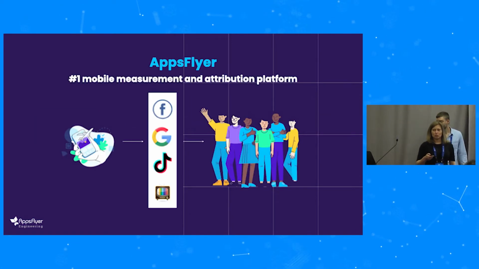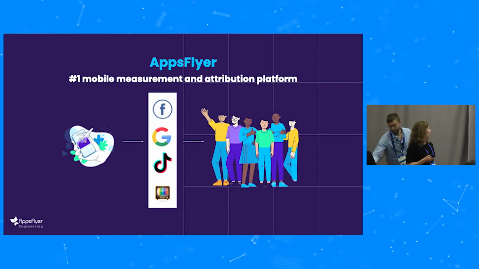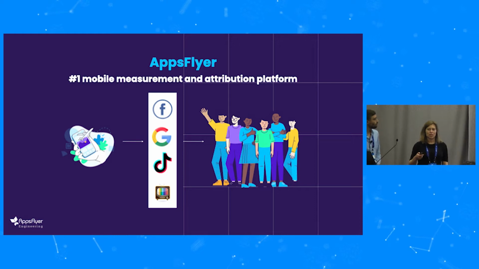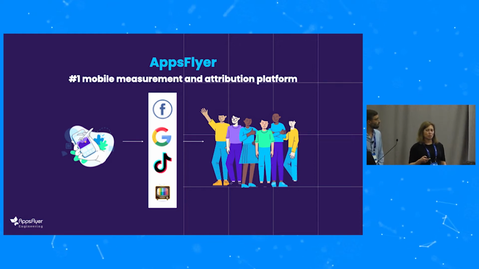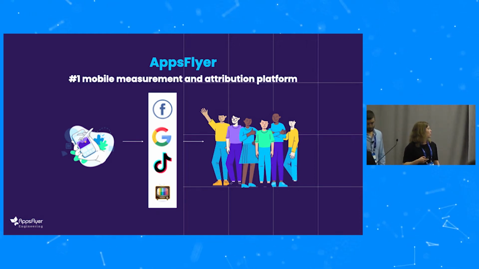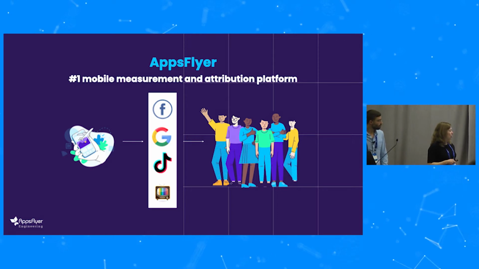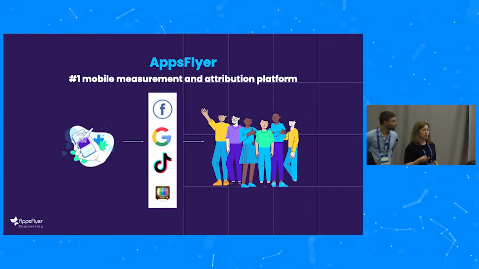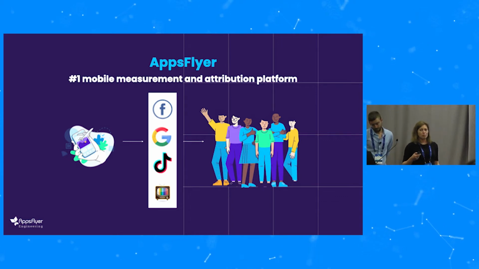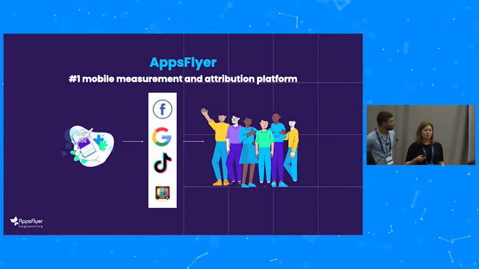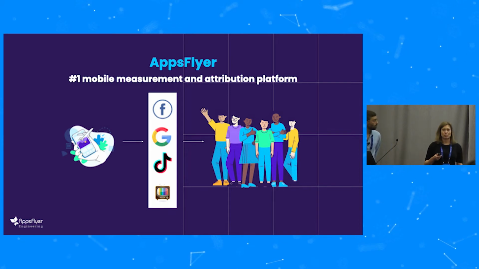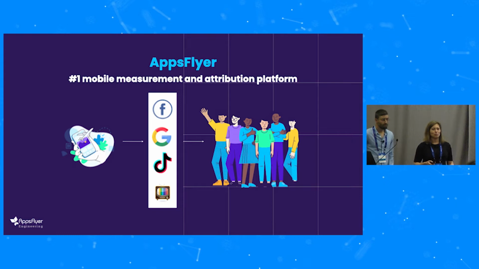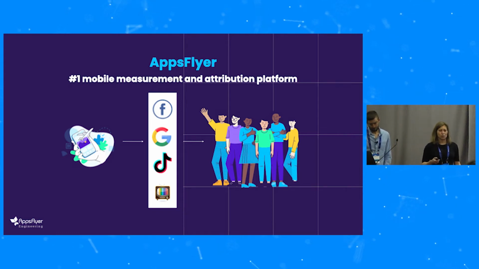But first, let me introduce you to AppsFlyer. AppsFlyer is a mobile attribution platform. We help developers and marketers to get insights about their advertising campaigns. Let's say you have a cool application and you want everyone to install it. The first thing you would do is advertise it in different media outlets, such as social networks, Google, different websites, and connected TV platforms. So you have a lot of different options.